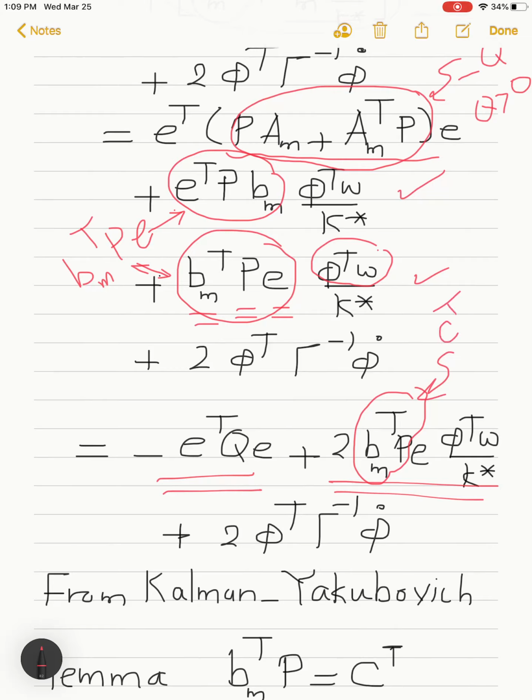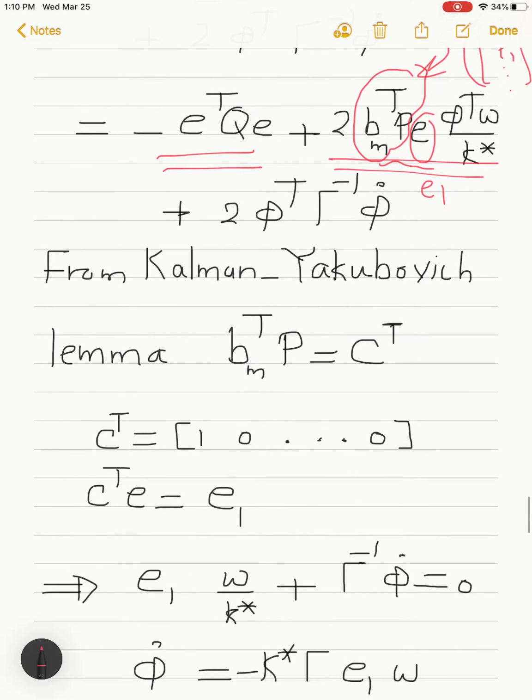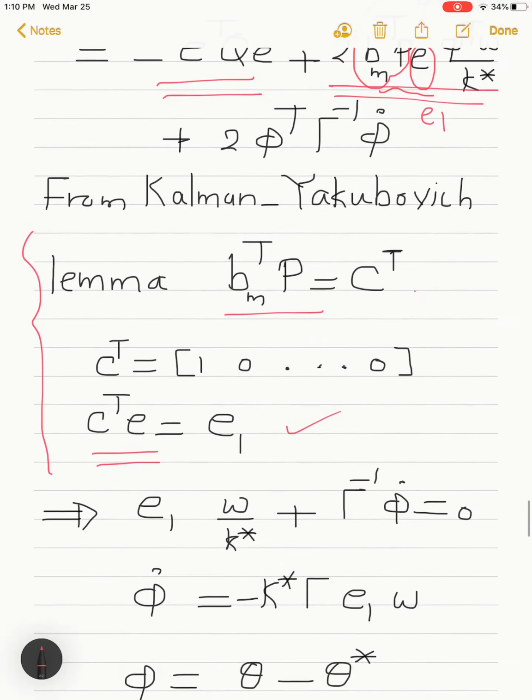C transpose, but C is 1 and then zeros, and E is a column vector. The first element in E is E1, then E1 dot, and so on. So the product of C transpose times E will give me E1. So that's what I have written here, that BM transpose times P is C transpose, and the multiplication of C transpose times E is E1.